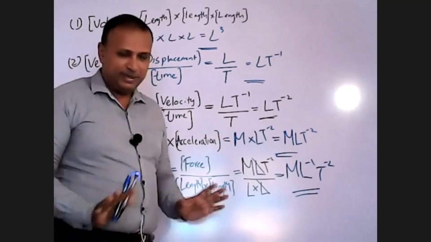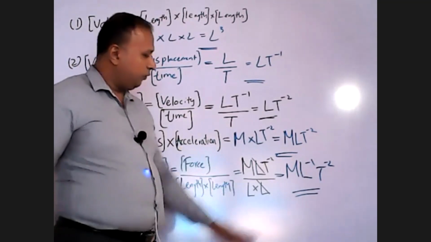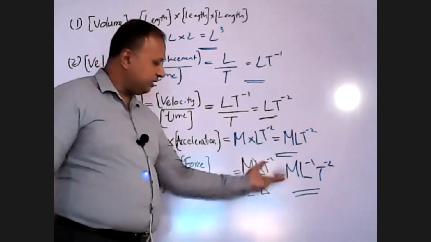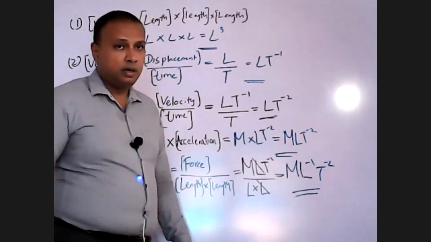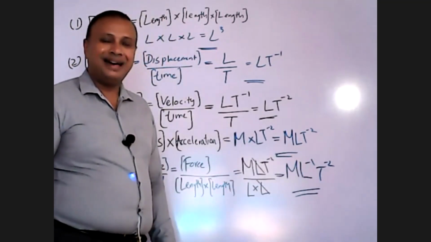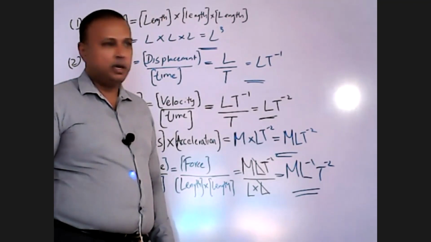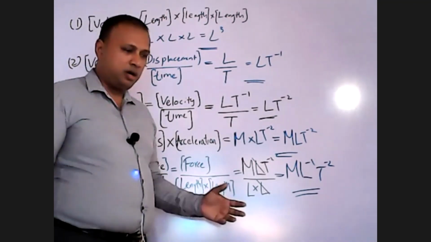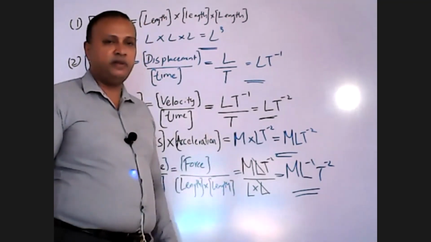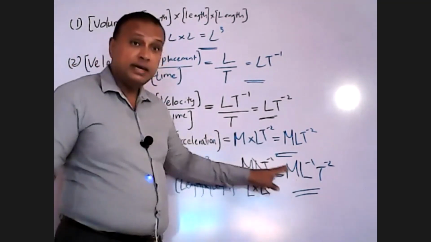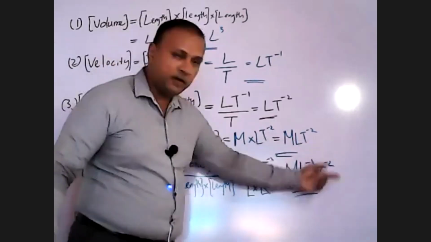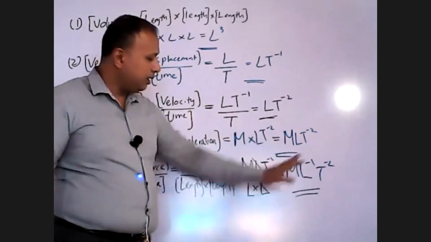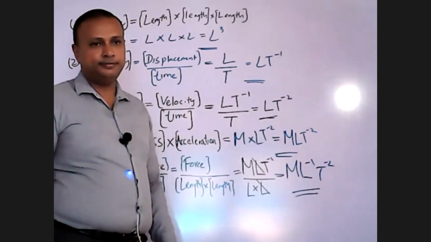That is not a rule. If you interchange these terms, it will not be a wrong answer. But for a pattern, normally we write the highest power to the left corner and the lowest power to the right corner. Okay.